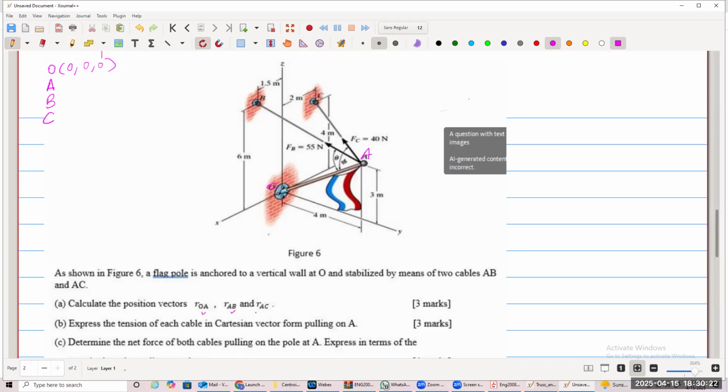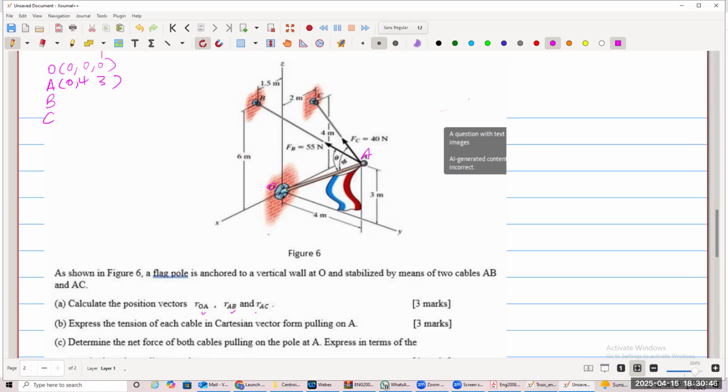What is A? Tell me the coordinates of A. Just give me the points, don't bother putting them in i, j, k. Just give me the point where A is. 0, 4, and 3. Let's check if you're right.